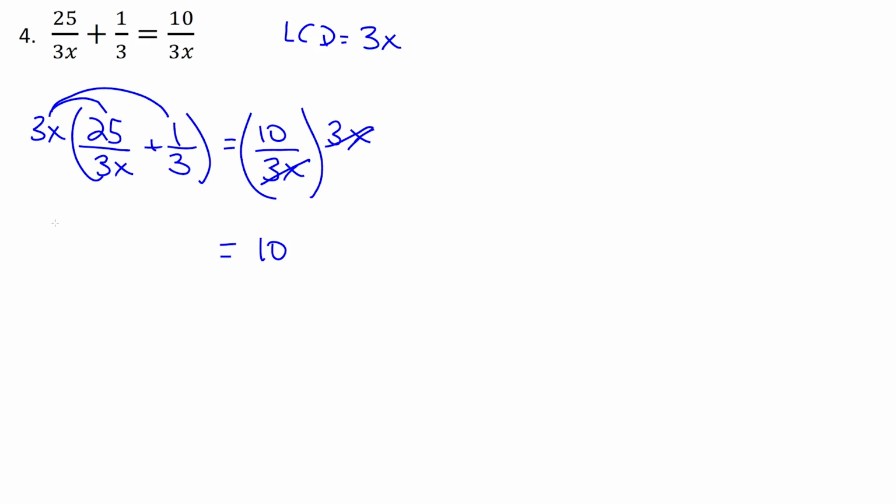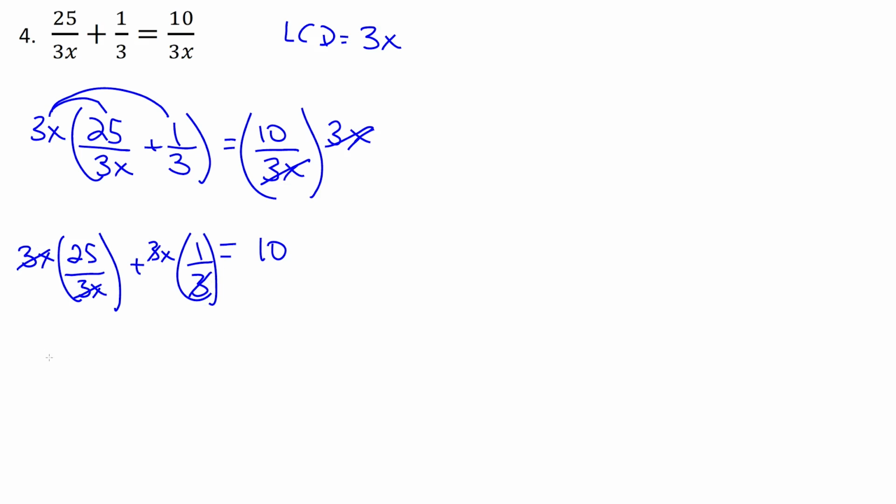Remember, you always have to distribute, and that was really the point of writing those brackets, as a big reminder to distribute. So we'll have 3x times 25 over 3x plus 3x times 1 over 3. So the 3x will cancel out in the first term, and then the 3 can cancel out in the second term.